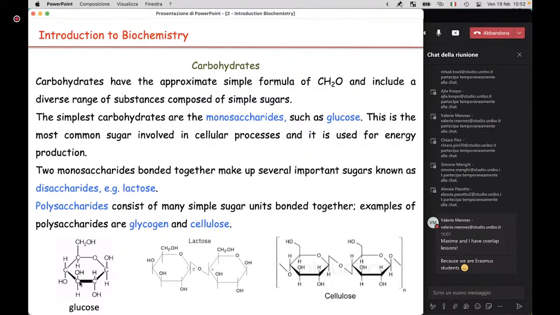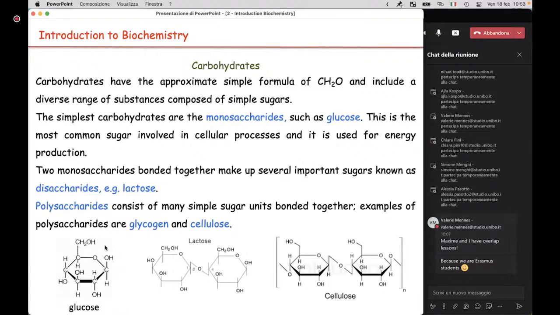Glucose, as you can see, is a molecule containing 1, 2, 3, 4, 5, 6 carbon atoms, and each carbon is connected to one hydroxyl group. Here the hydroxyl group has cyclized the molecule. So every carbon in the molecule is connected to an oxygen, in particular to a hydroxyl group.